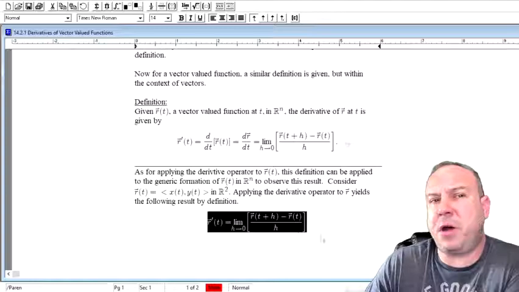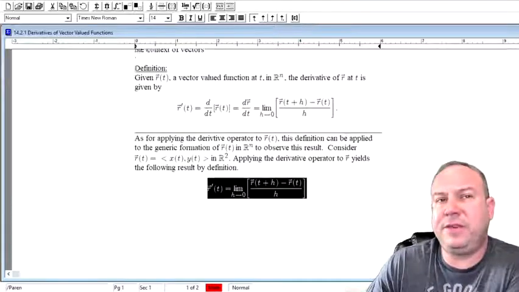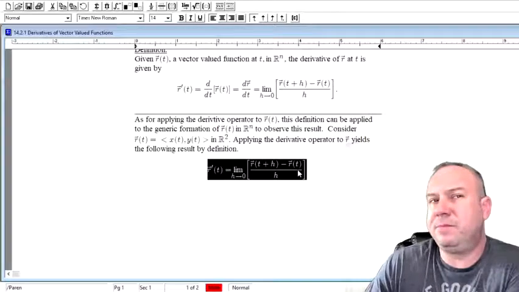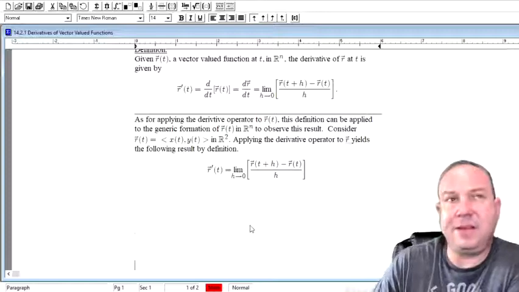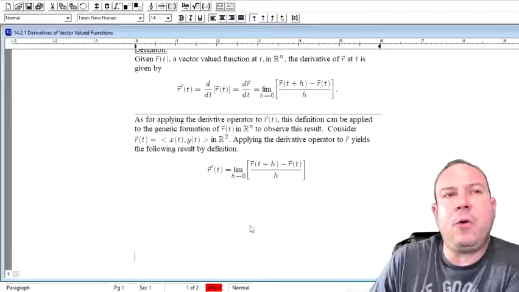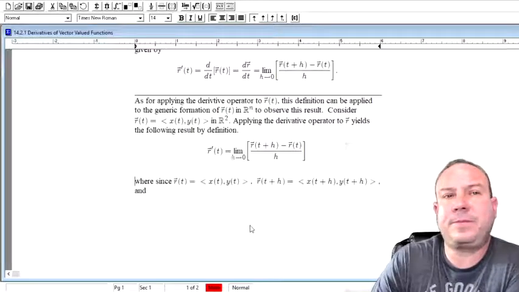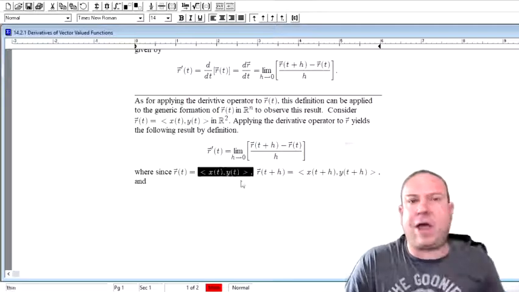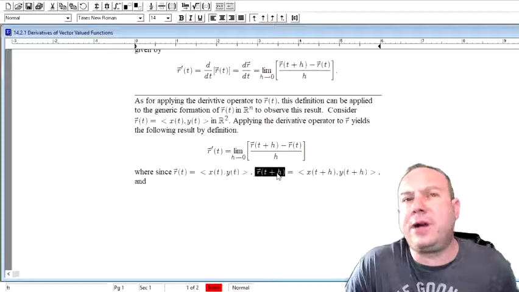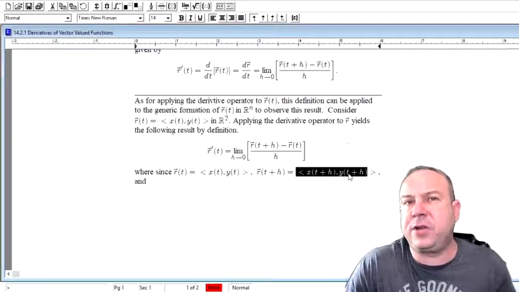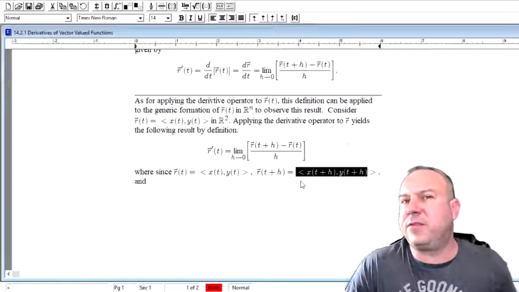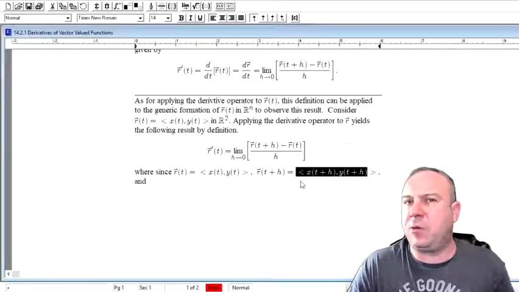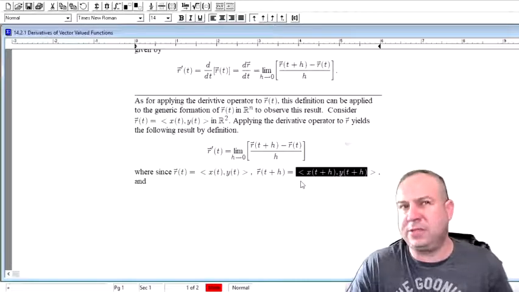By definition, r bar prime of t, the derivative, is given by the statement on the right-hand side in the definition, where in general here, since r bar of t is equal to x of t comma y of t, r bar of t plus h is then going to be the vector given by x of t plus h comma y of t plus h for the components.